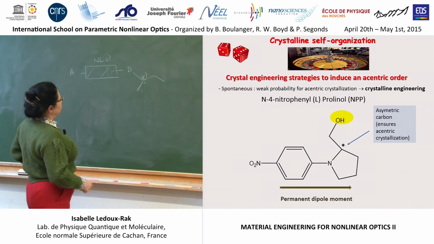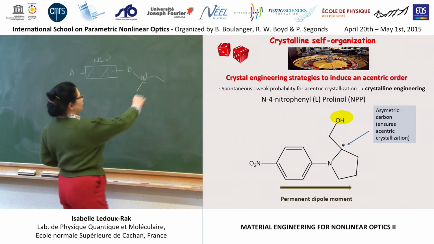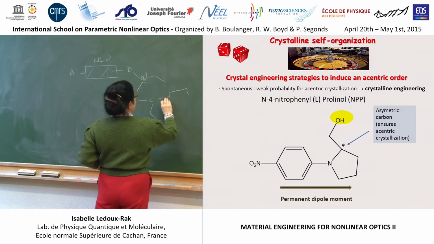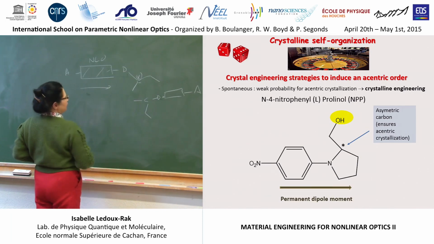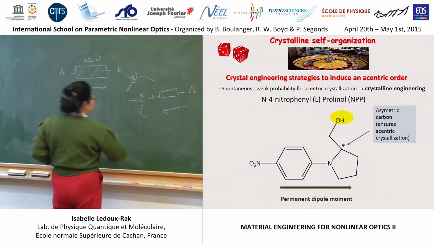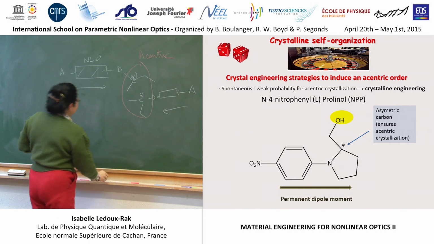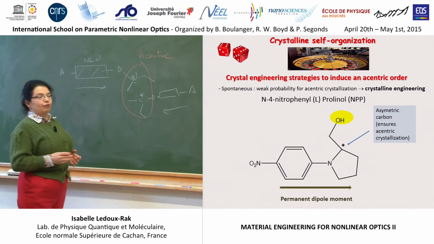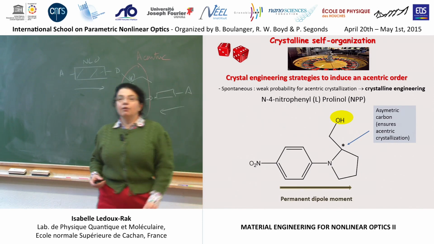You may imagine a non-centrosymmetric organization around the asymmetric carbon, but with a quasi-centrosymmetric organization of the nonlinear molecule itself. You can see that I have this dipole along the direction, this dipole here. In this domain, this is acentric, but the real nonlinear part can remain almost antiparallel. So this solution is not fully relevant, and people have been obliged to search for other tricks.